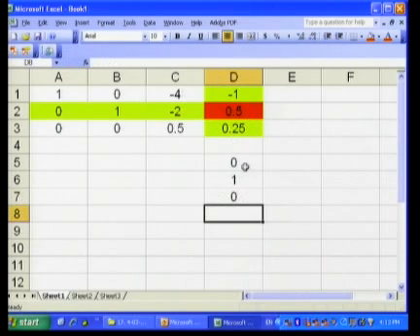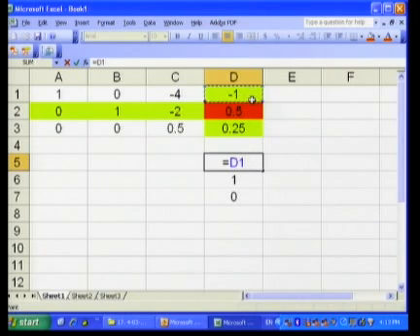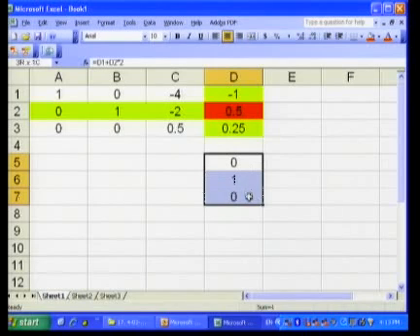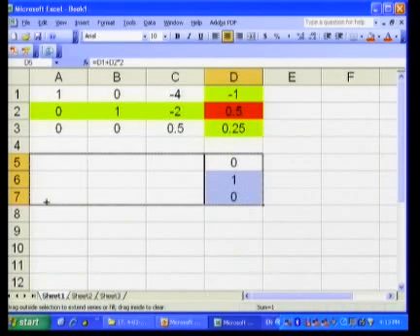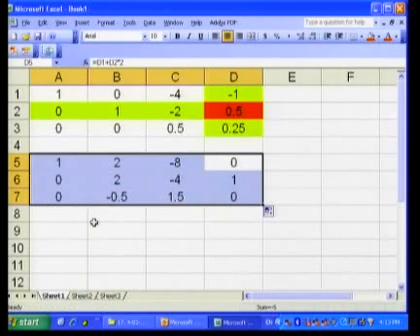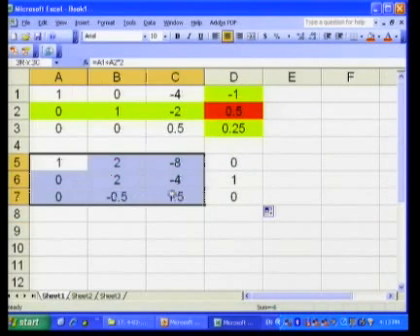The first row will be replaced by the first row plus the second row times 2, right? And then copy the formula and paste it. Now, this part provides the new basis inverse matrix, right?